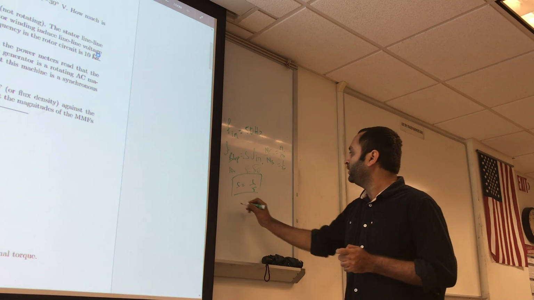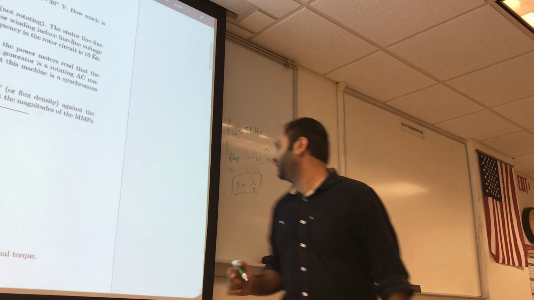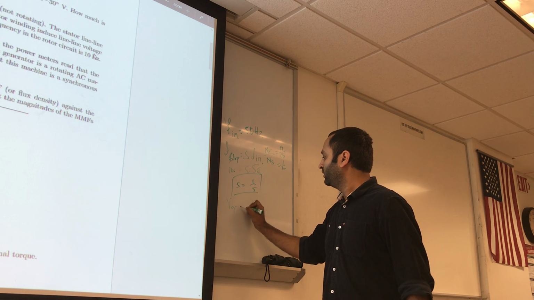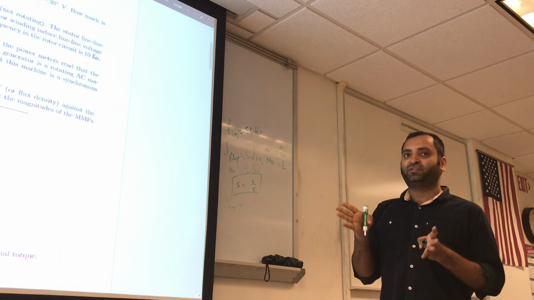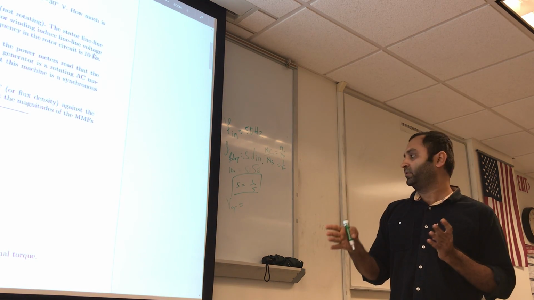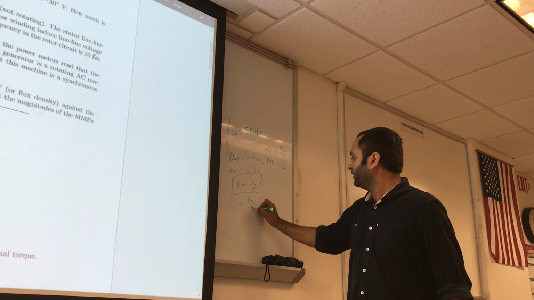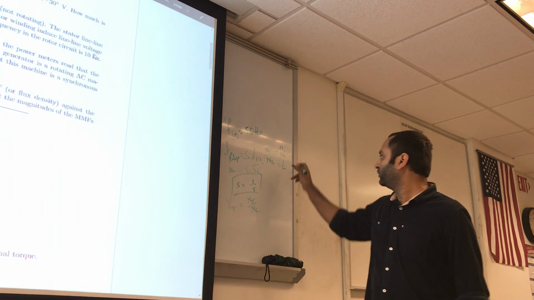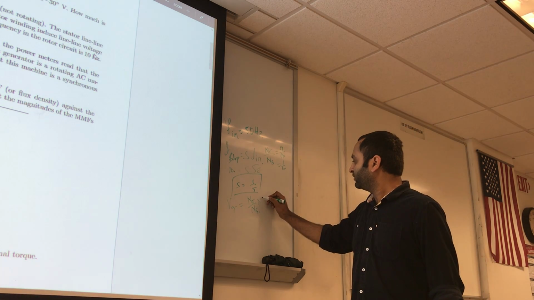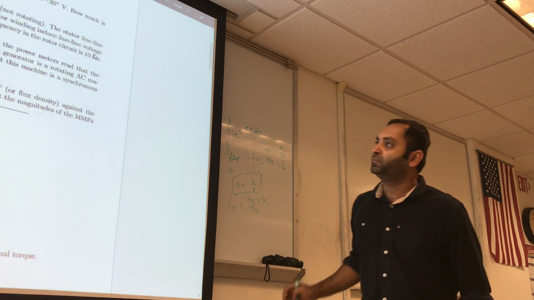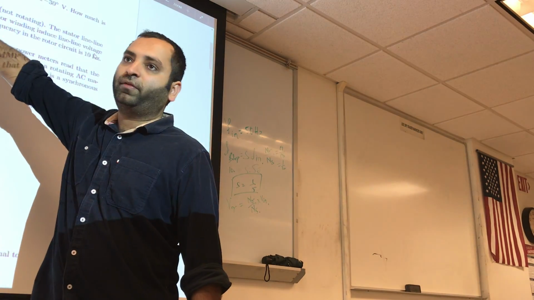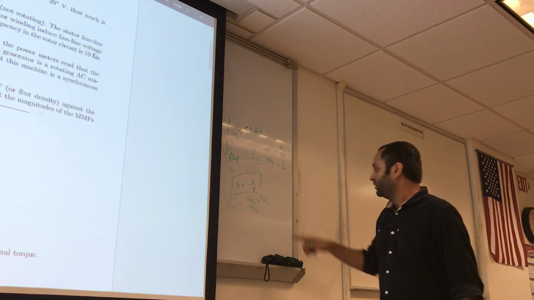Now when you want to find the rotor voltage, just remember how you do it in a transformer. V rotor should be equal to NR over NS, which is 1 over 10, times V input. V input is 190, right?